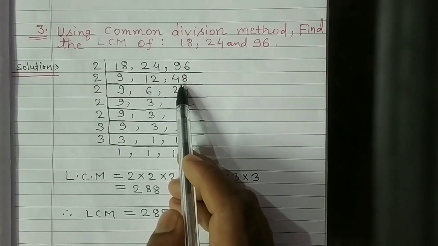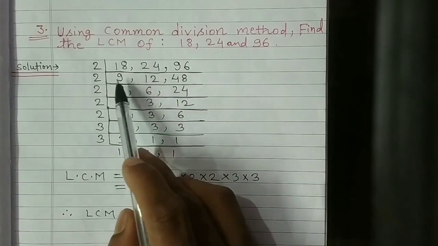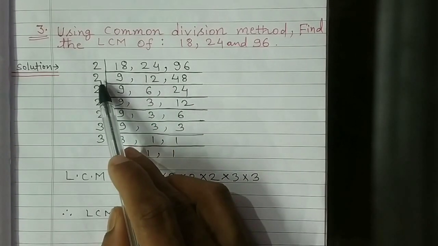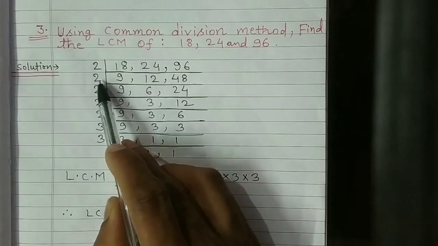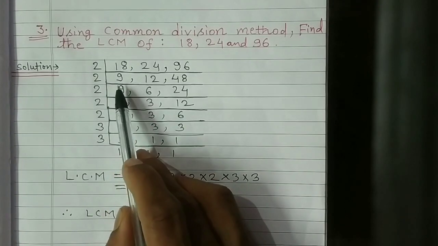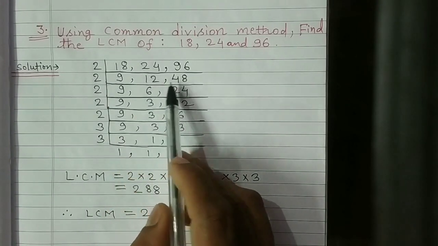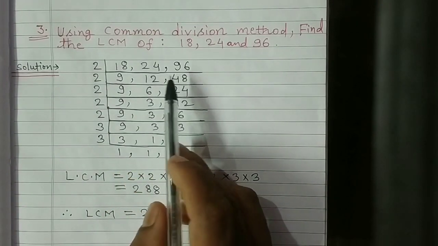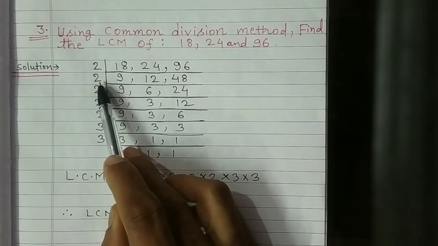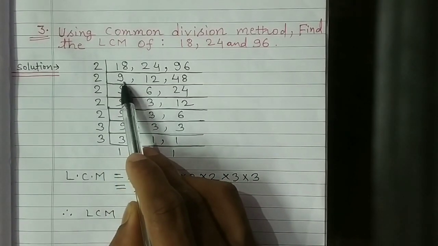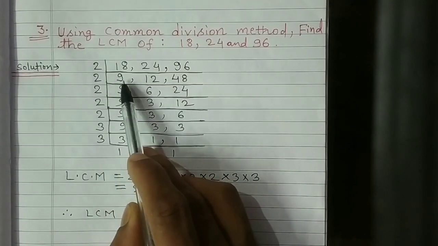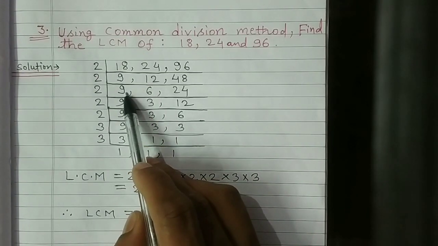Now again we are going to check with the same prime number, to see if it will divide any of these numbers. This 2 will not divide 9, so we write 9 as it is here.